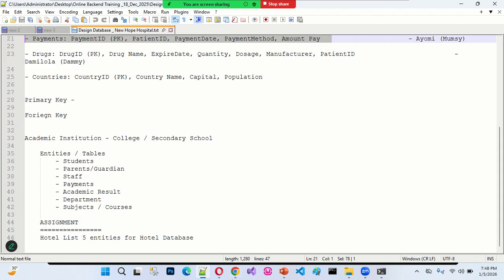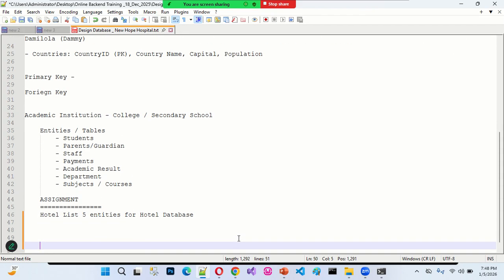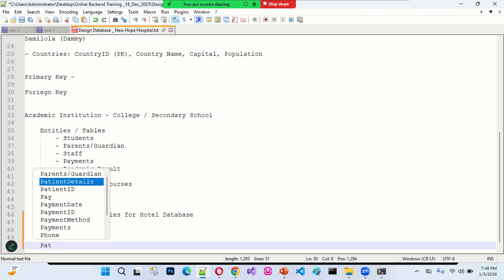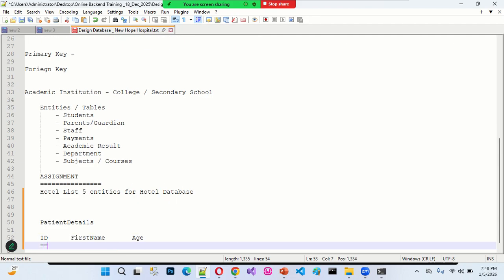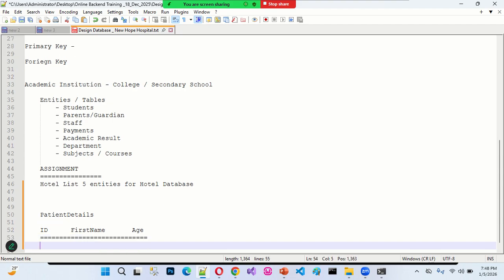In this case, an example of this again, because when I have a patient table like this, as it is a patient detail, I now have the patient number and I have the first name for the patient, and maybe now I have the age for the patient here now.